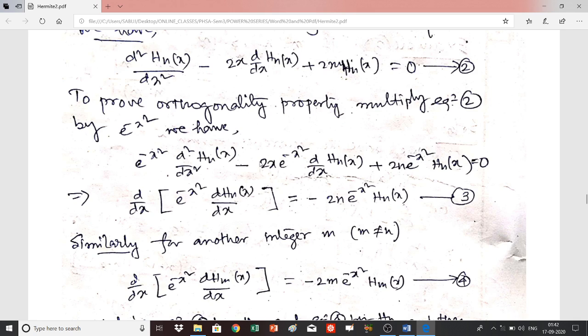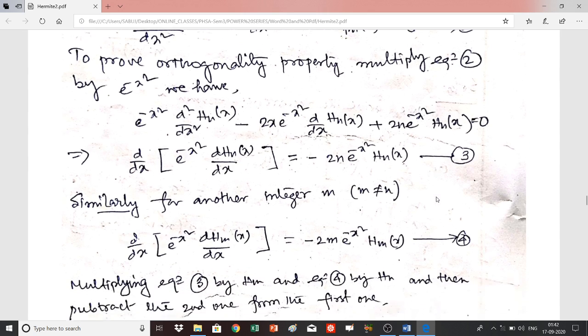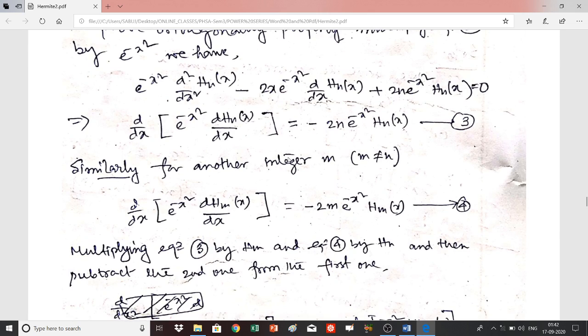So these two terms can be written in this form, and that is equal to, taking n to the right hand side, minus 2n e to the power minus x square H_n(x). It is equation 3.